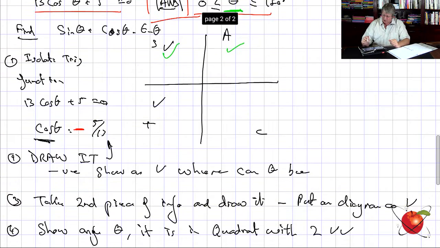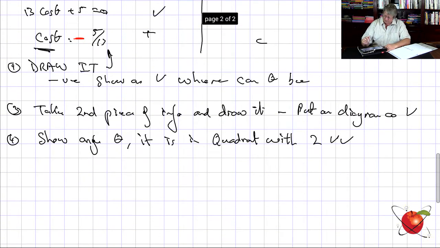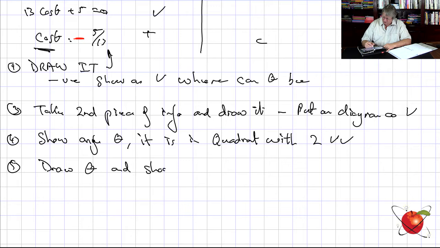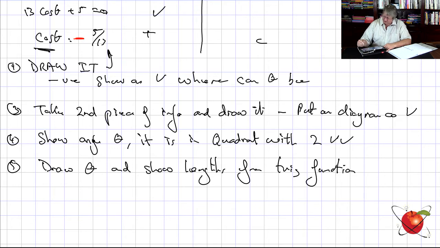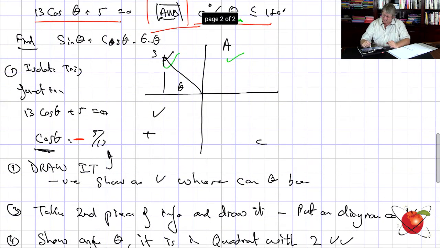Okay, so right, now then, I'm now going to draw my diagram theta. So theta must be somewhere up there, right? Theta is up there. The last is I put in coordinates. Okay. Number 5, draw theta and show the lengths from the trig function. So I can now put in, I know that cos of theta is 5 over 13.